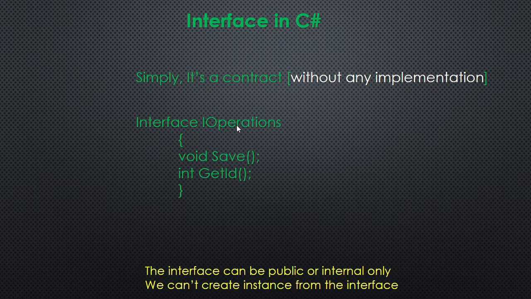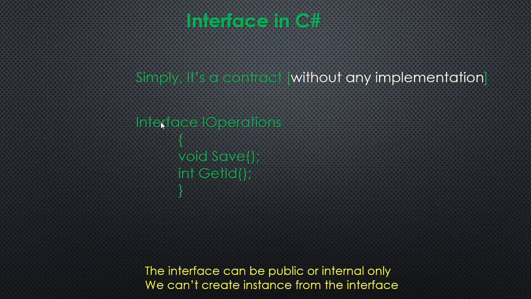And how can we now create an interface? Using the keyword interface, and we give it a name. This name can be whatever you want. I always prefer to start the interface name with I in order to understand that this is an interface. So for example, IOperations is an interface, and I will open and close the curly brackets, and then define my functions inside the curly brackets.